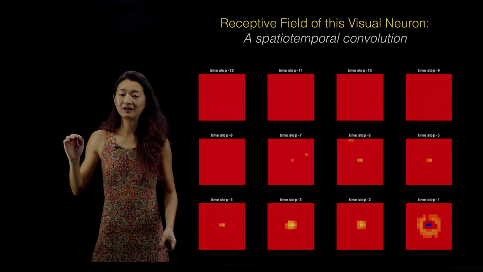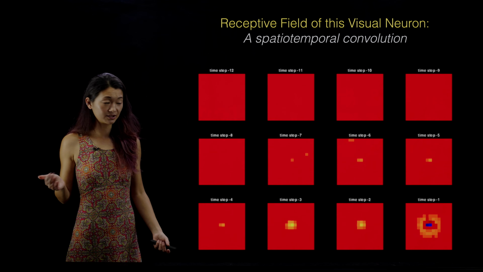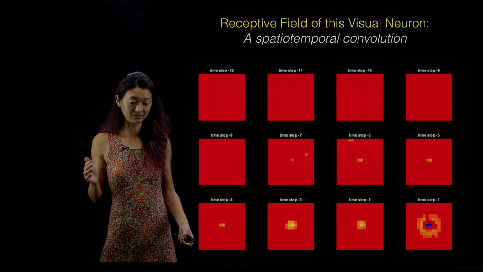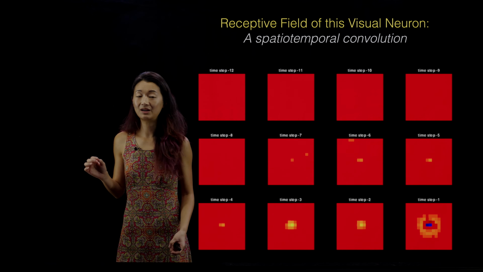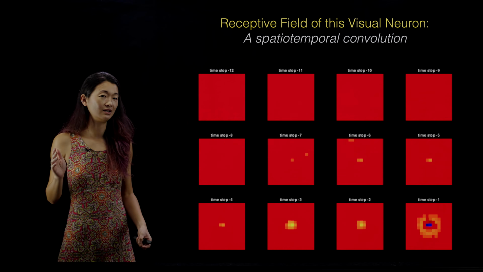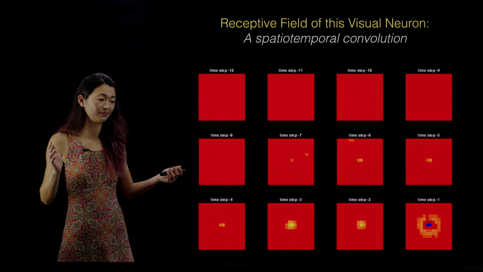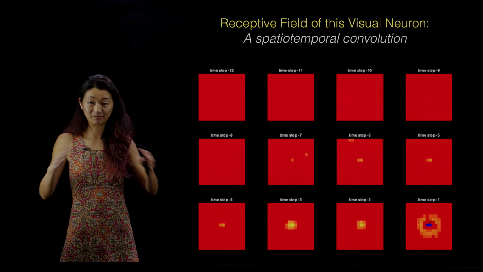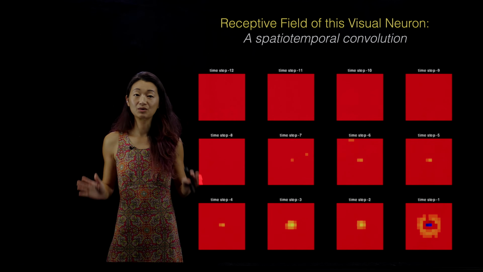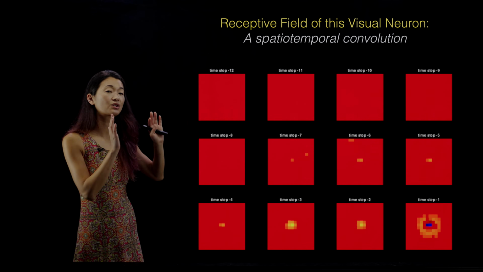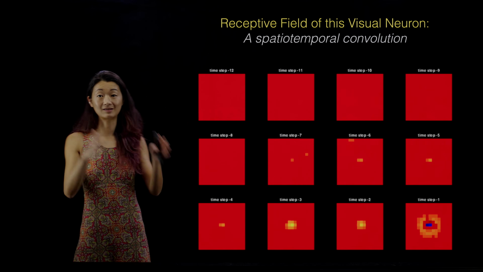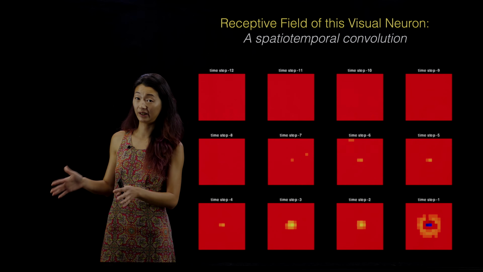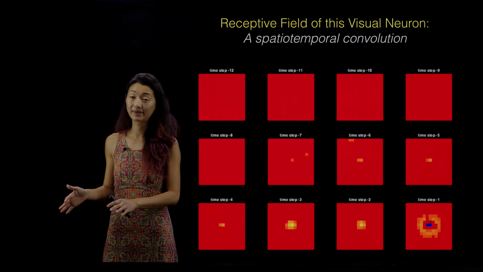Now, if there are any among you who are statisticians, who have taken a statistics class, you may be thinking to yourself, what's the point of using these random stimuli, like completely random white noise? The reason we do that is because this procedure works great as long as the stimulus input is completely uncorrelated with itself, if it's random white noise.